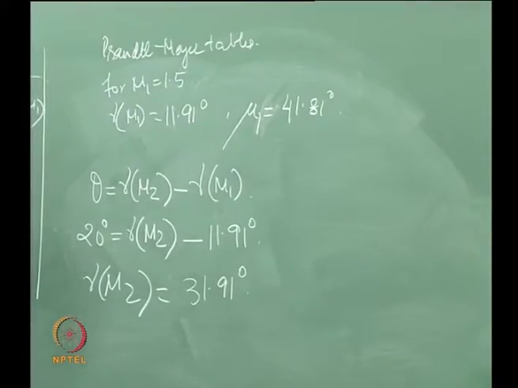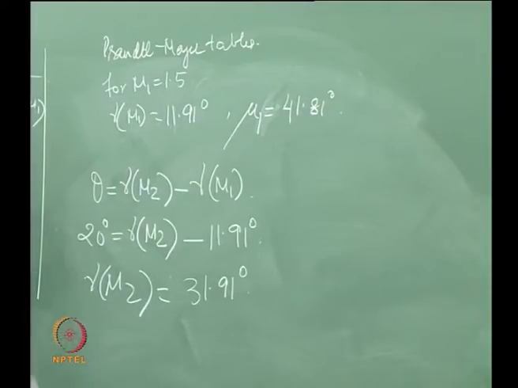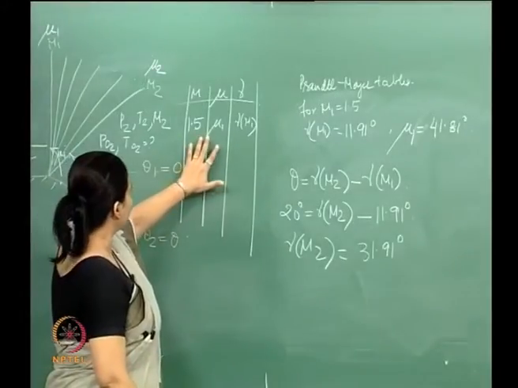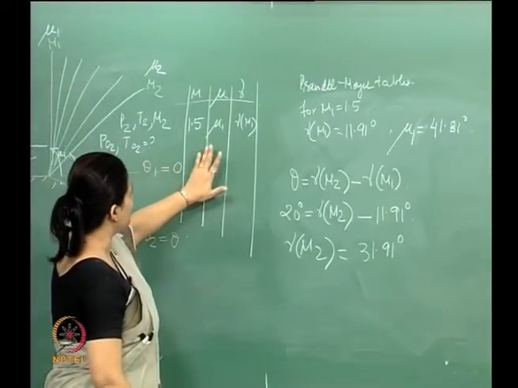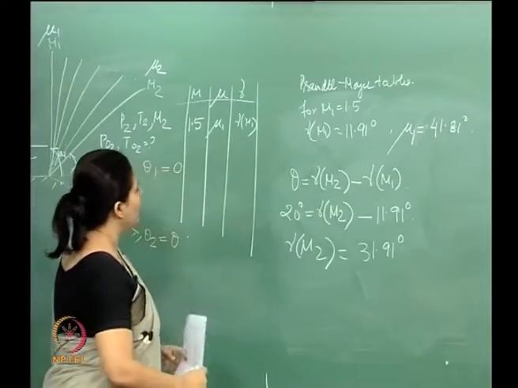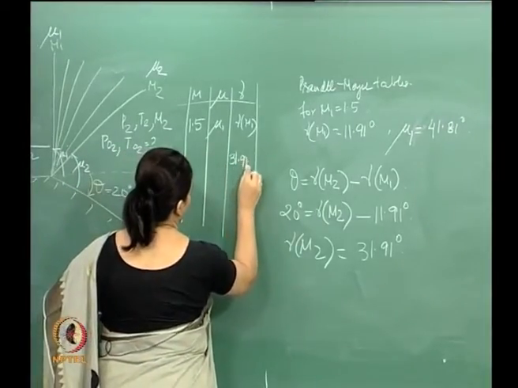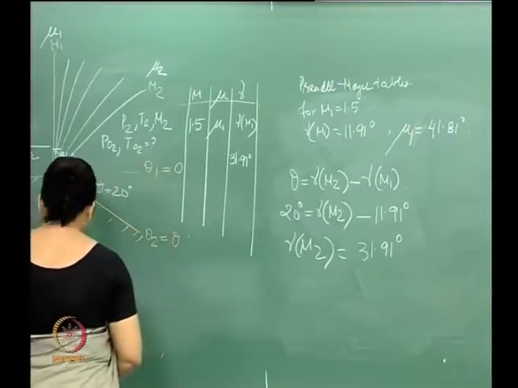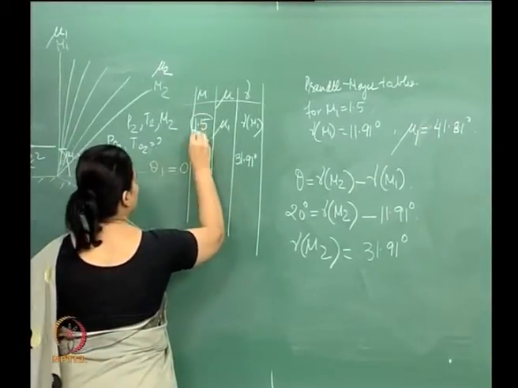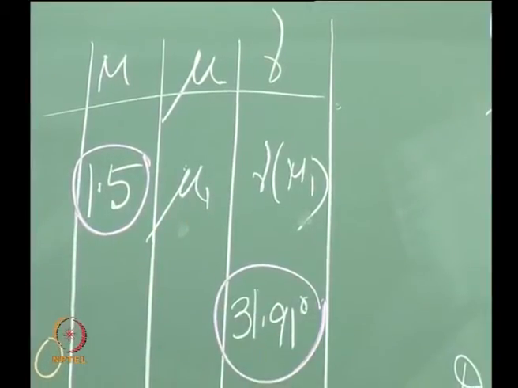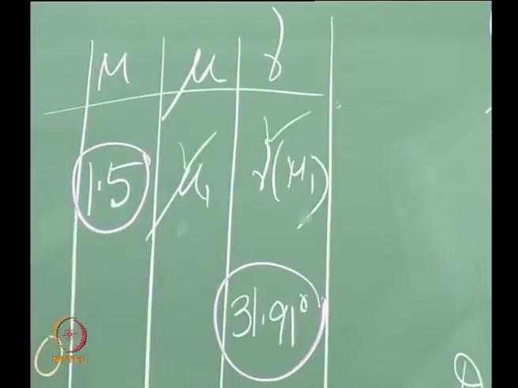So, once we get this, now we just go back to the tables again. Now, instead of the Mach number or mu, what we have is nu2. This is available to us, isn't it? In the first case, M1 was available to us, so we found out nu1 and mu1. In this case, now nu2 is available to us, so this is something that we were able to find out.